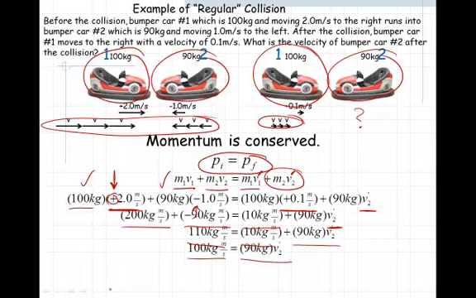We divide both sides by 90 kilograms, and we end up with a positive 1.11 meters per second. So we find that this car will move 1.11 meters per second in this direction. To complete the motion map, we would show our velocity arrows going in that direction.